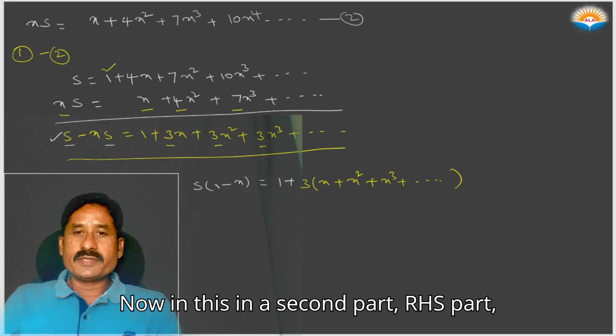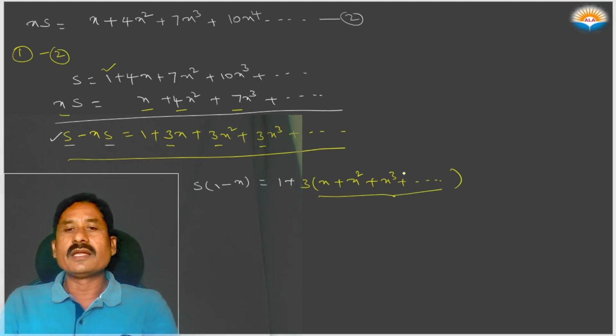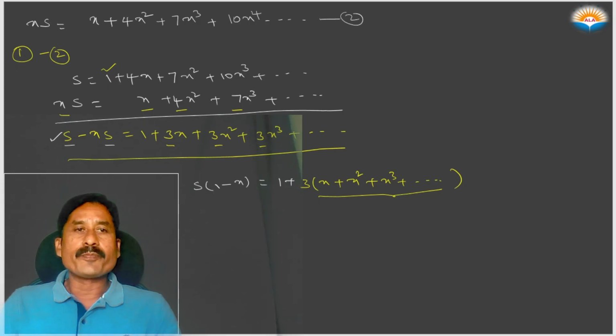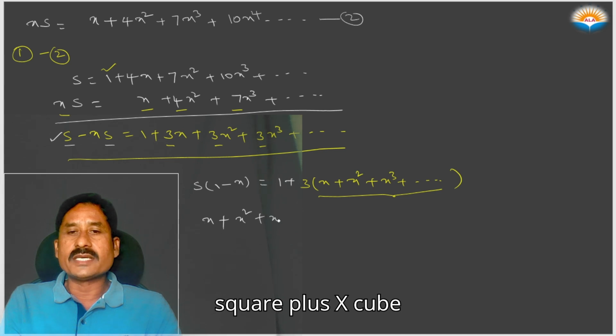Now on the RHS, if you take this part, it is very clearly a GP: x plus x square plus x cube, plus so on.